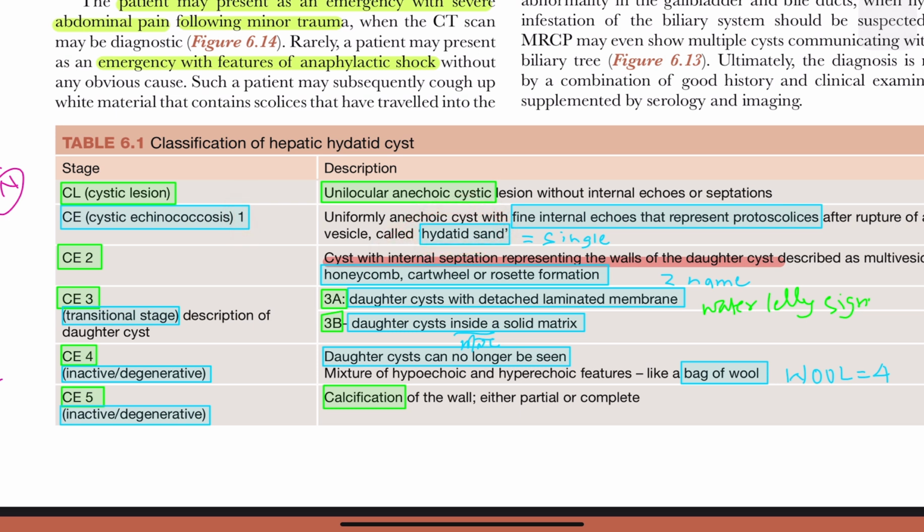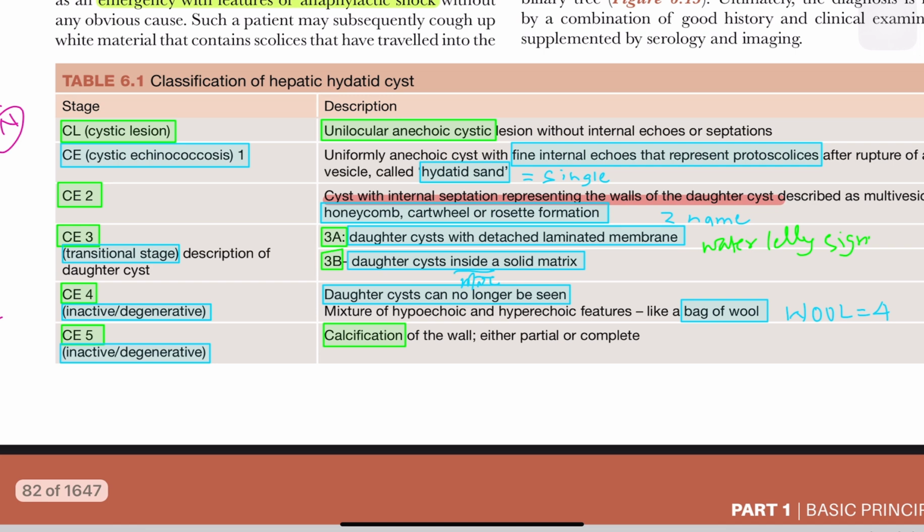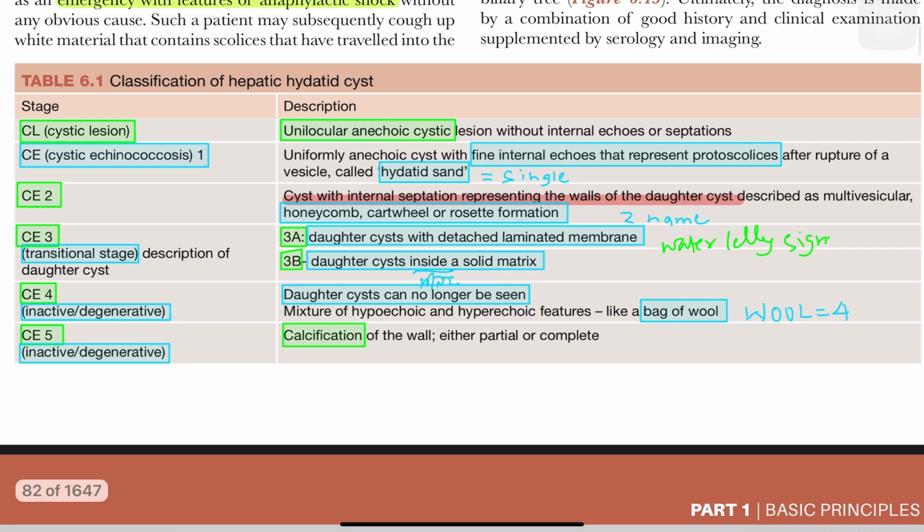Then CE2 contains the honeycomb, cartwheel and rosette formation. That is a cyst with internal septation representing the walls of daughter cysts, multivesicular.